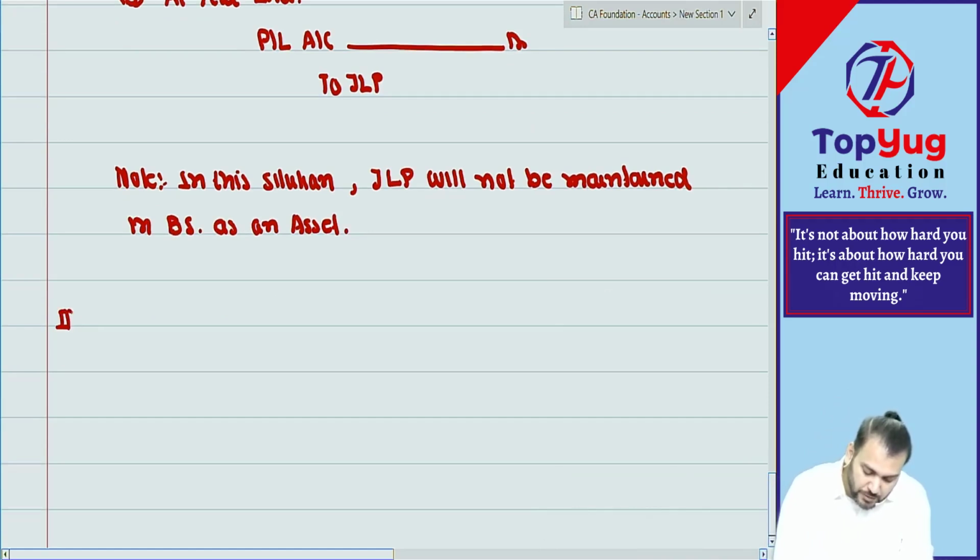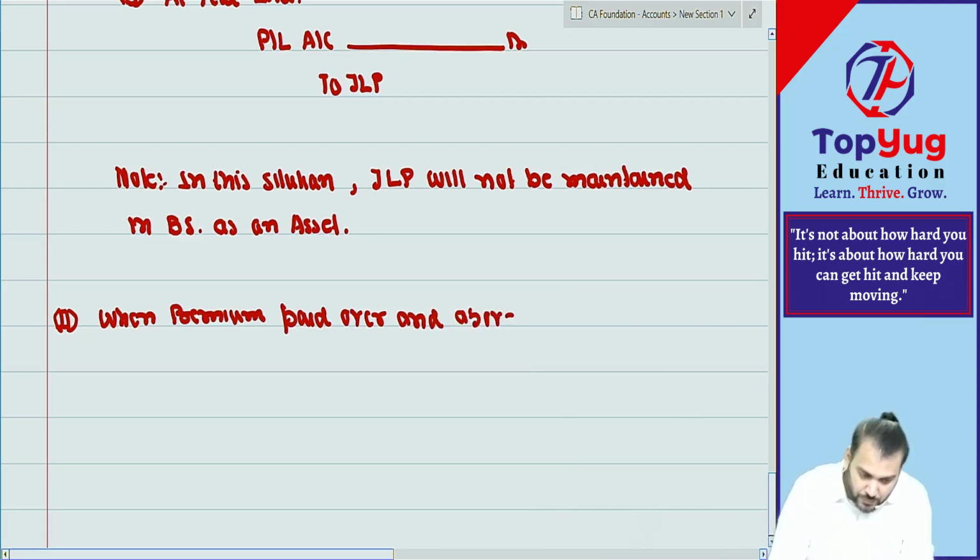Point number 2, means situation number 2. When premium paid over and above surrender value is treated as what?